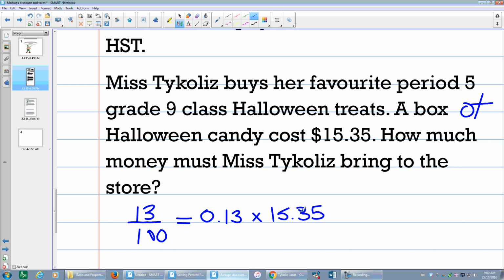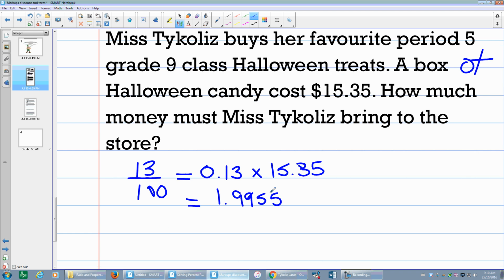When I do that, 0.13 times 15.35, we're going to get a number. You're going to round to 2 decimal places. So we can look at our calculators here. I actually get this number here, 1.9955.